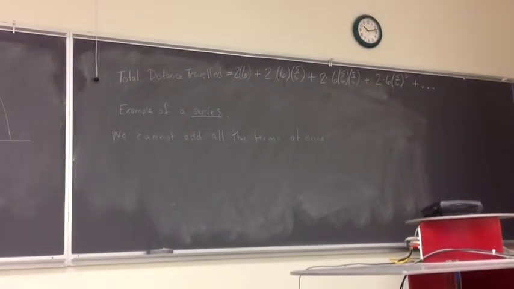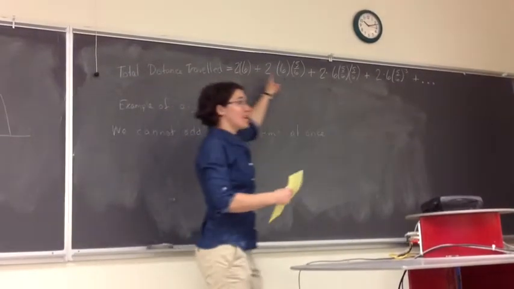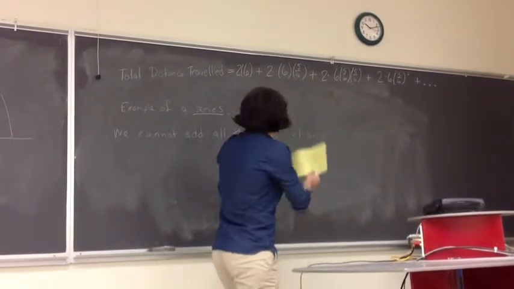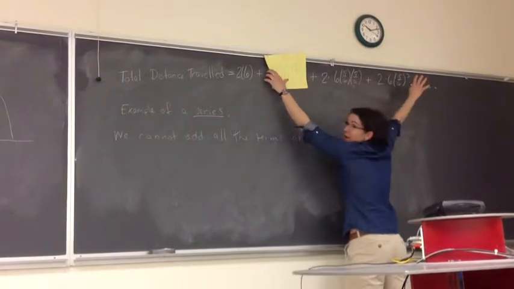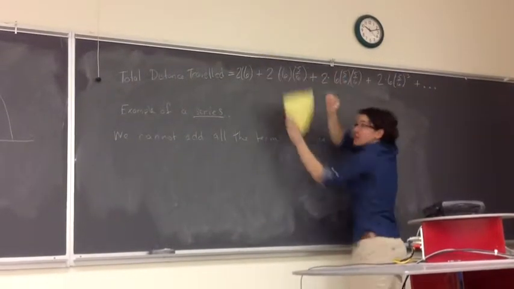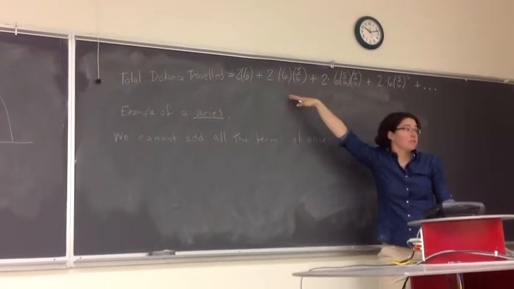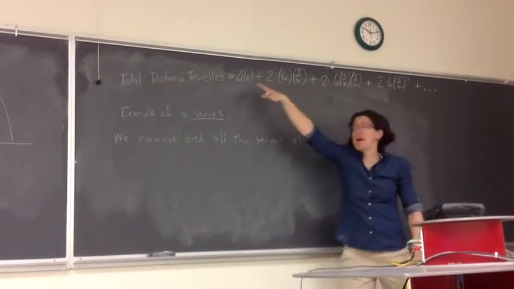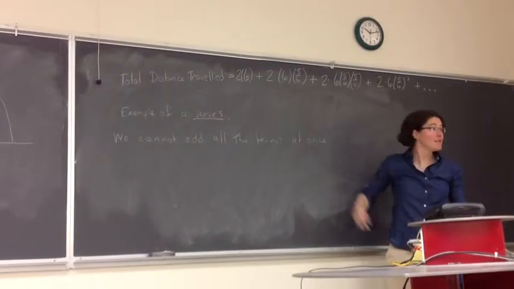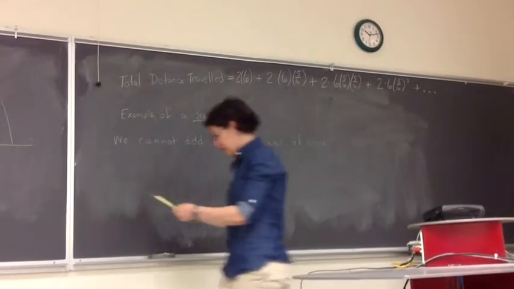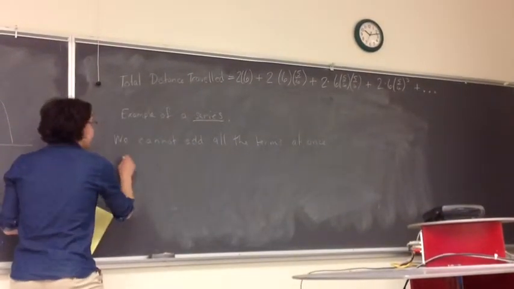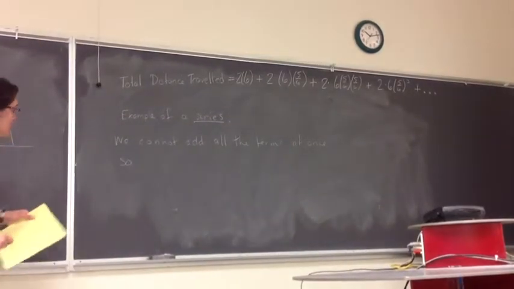So instead, we look at this sum and we start out with just one term. I nix the rest of it and look only at the first term. Then I look at what happens when I add the first and the second term. Then I look at the first, the second, and the third term, and I see what's happening with our pattern. So we cannot add all the terms at once.